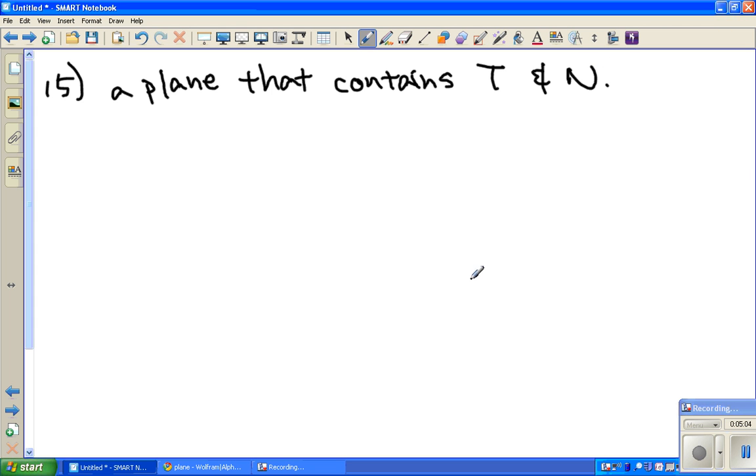That means we need to find a vector, because in order for us to find the equation of a plane, what we need is a point and a normal vector to the plane. That's what we need to find.